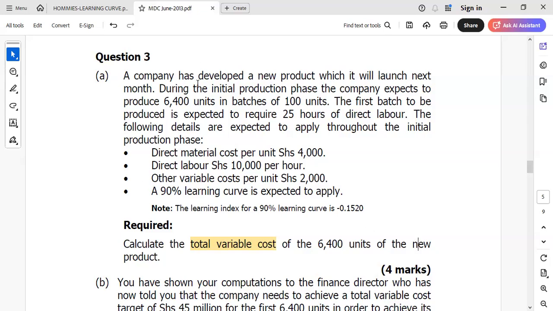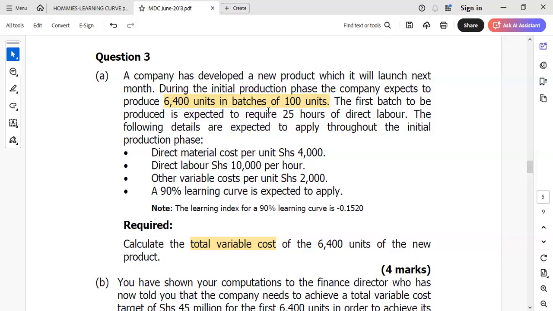The company has developed a new product which it will launch next month. During the initial production phase, the company expects to produce 6,400 units in batches of 100 units.